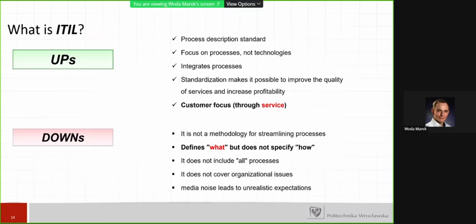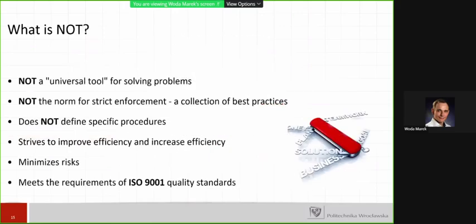There is also a lot of buzz in various media around ITIL, saying that everybody should adopt it, which is not true. This is an individual decision. That's pretty much what you should know about it, and about the aspects that are being confused with it.